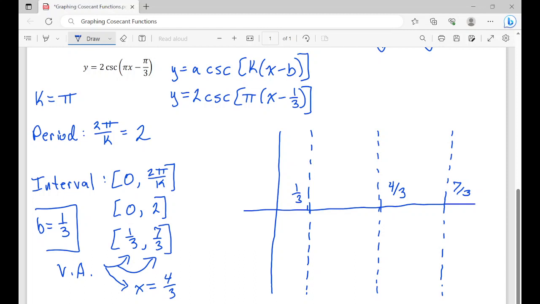And I now look back at my a value, which is a 2. So it means this graph goes as low as 2 and will go as high as -2. So again, this is cosecant, no reflection. So this one here, since it's shifted, normally it'd be over here, but it's been shifted just a little bit over to here. And so I know that the value on the x-axis in between here is going to be 5 pi over 6, and this is going to go as low as 2.